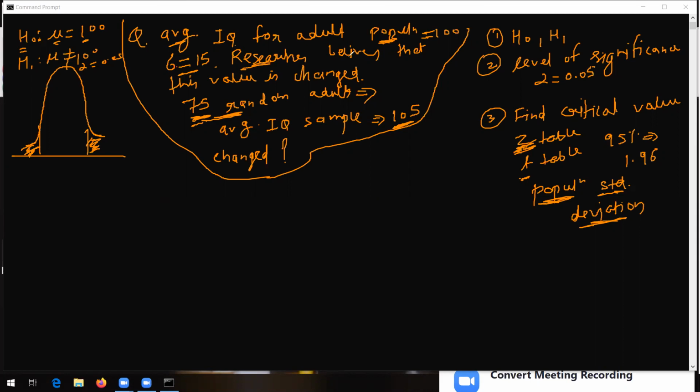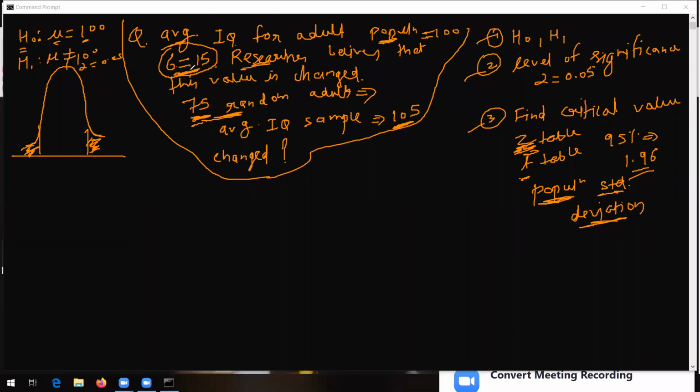Okay, so till now, this step is done, level of significance is done, and finding the critical values is also done. In our case, the critical value is 1.96, that is the Z value. And why are we making use of the Z table only? Because we have been given the population standard deviation.